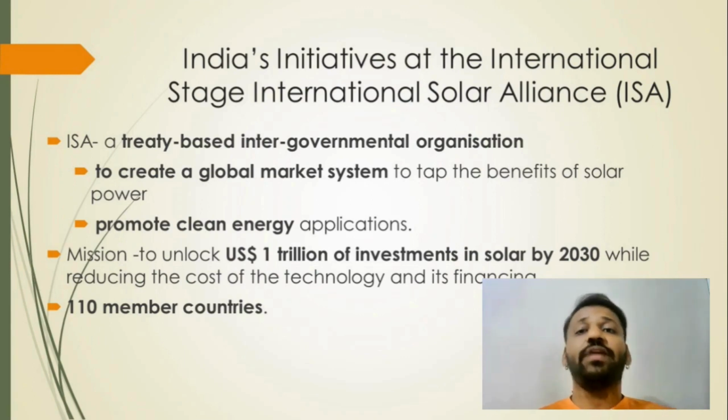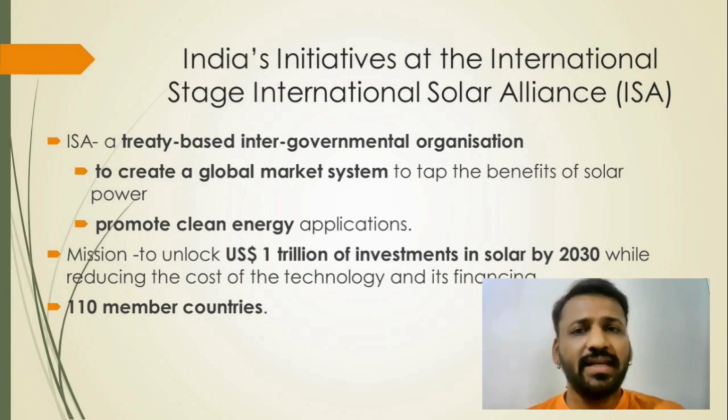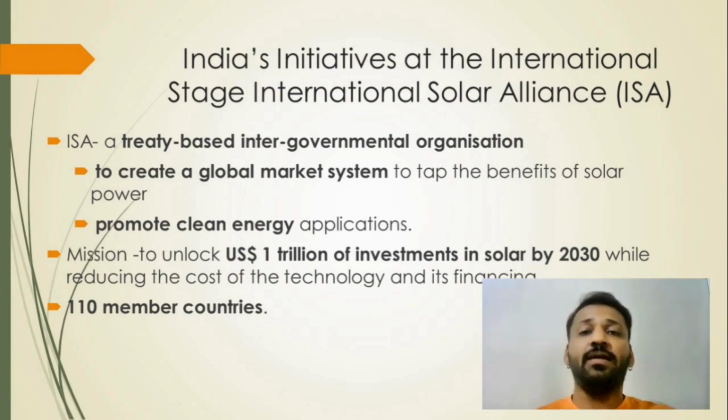Okay, so ISA is very important for the transition to green energy. The economic survey talks about creating a global market, and all the countries that have come together have decided to unlock US $1 trillion of investment in solar by 2030.